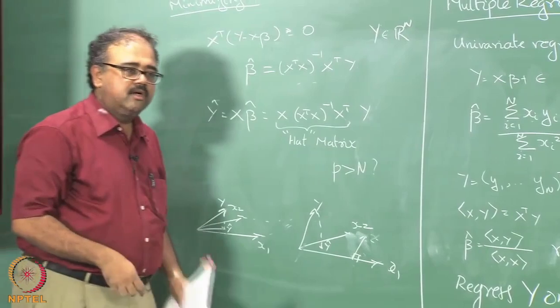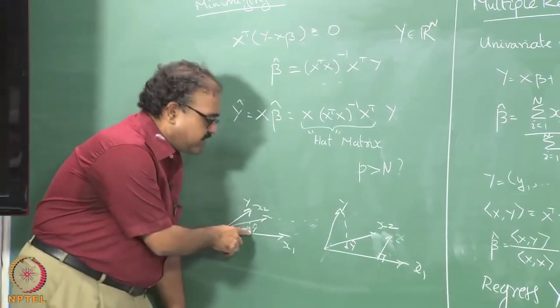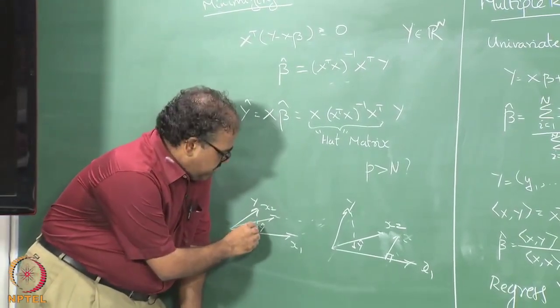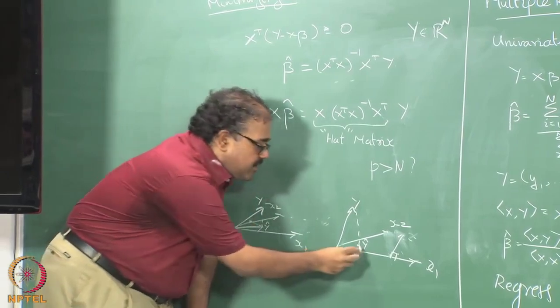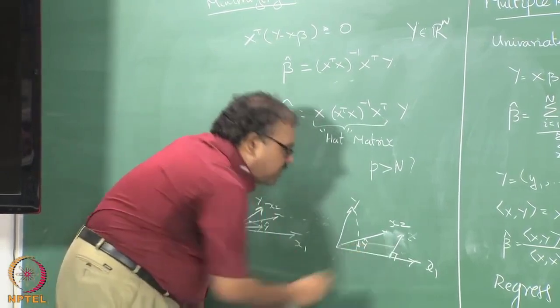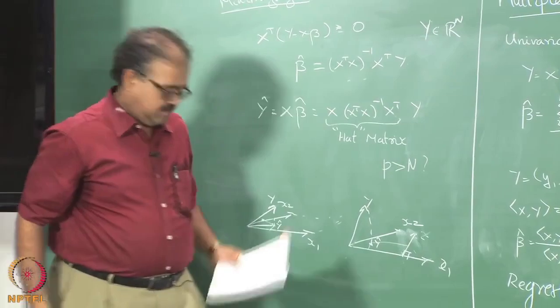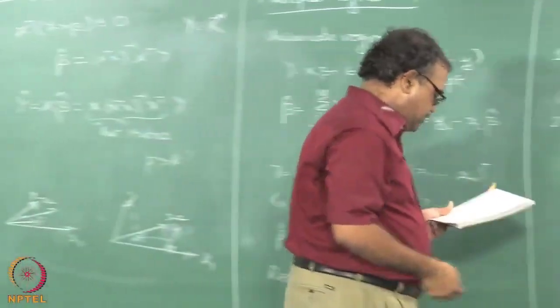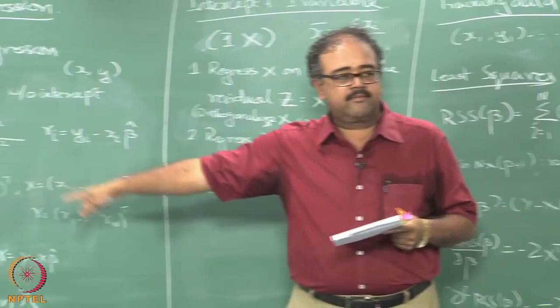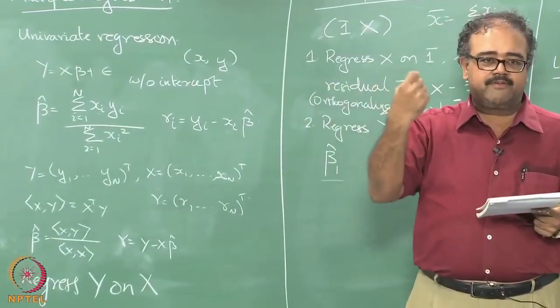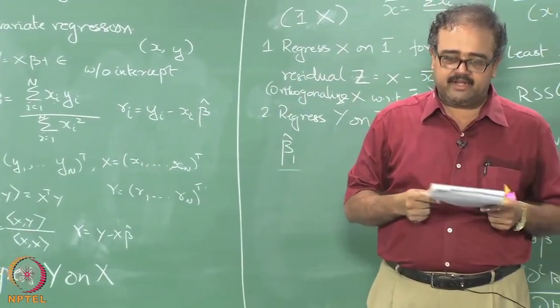So earlier when I wanted the coefficient for x1 and x2, I would have looked at these points. Here now I will look at these points. There is no change in the actual space, so I get the same y hat, but the coefficients I use for representing the y hat will be different.